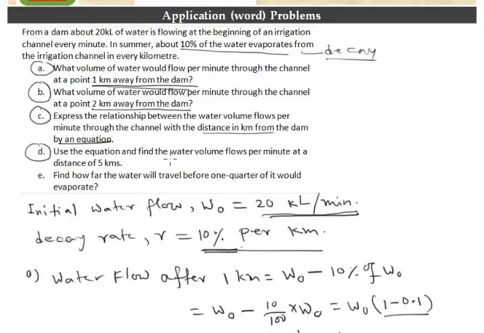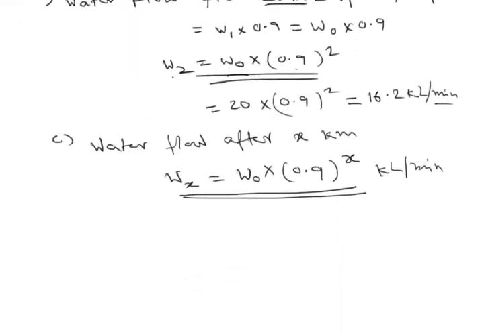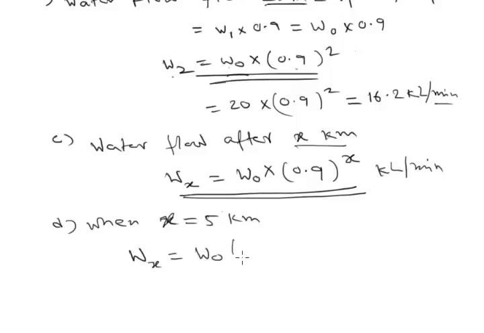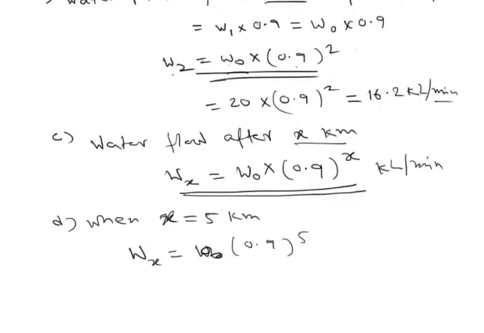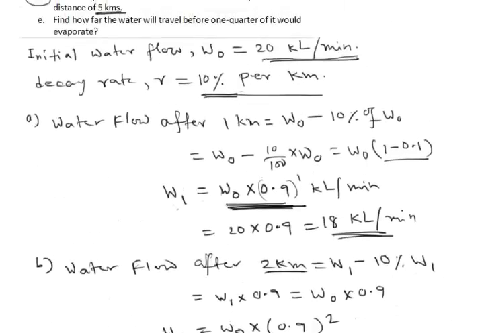Question D. Use the equation and find the water volume flows per minute at a distance of 5 km. That means when the distance x is 5 km, the water flow Wx will be the initial water flow W0 times 0.9 to the power 5, and this initial flow is 20 kiloliter per minute.